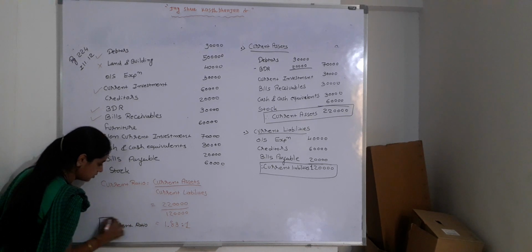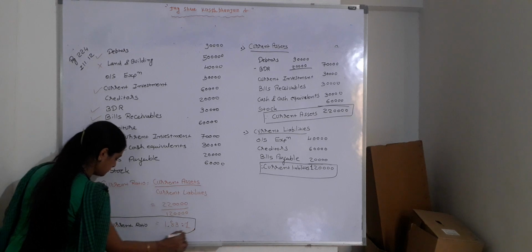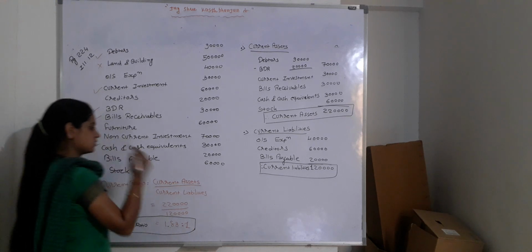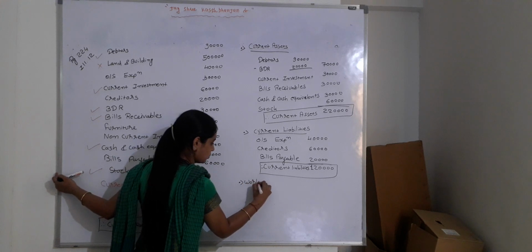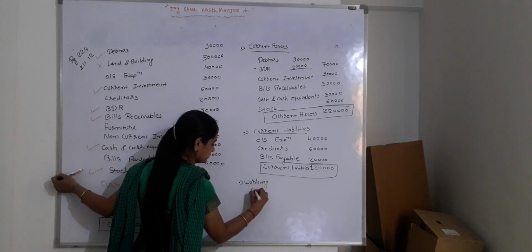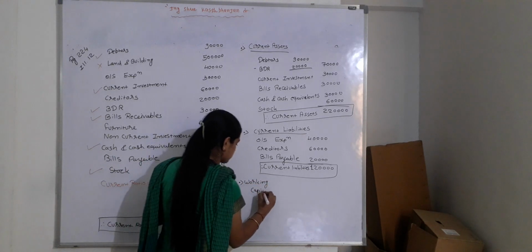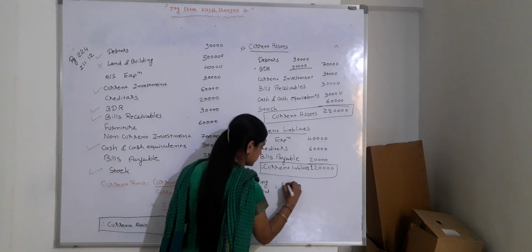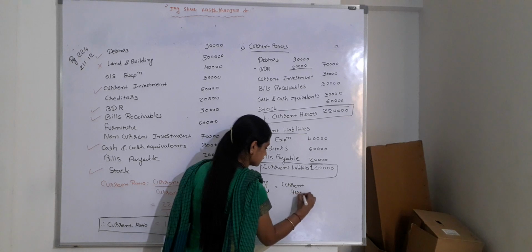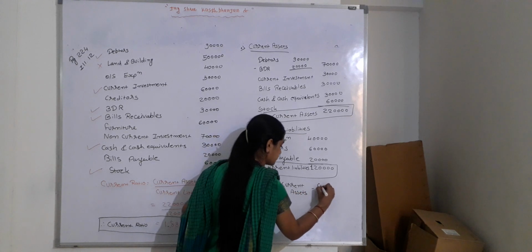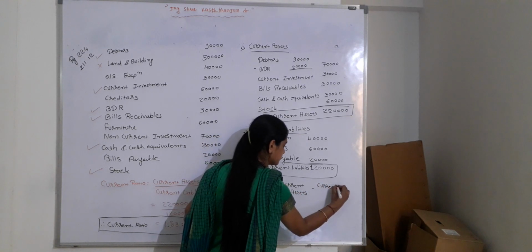Okay. They have also asked to find working capital. So we'll find working capital. Working capital is equal to current assets minus current liabilities.